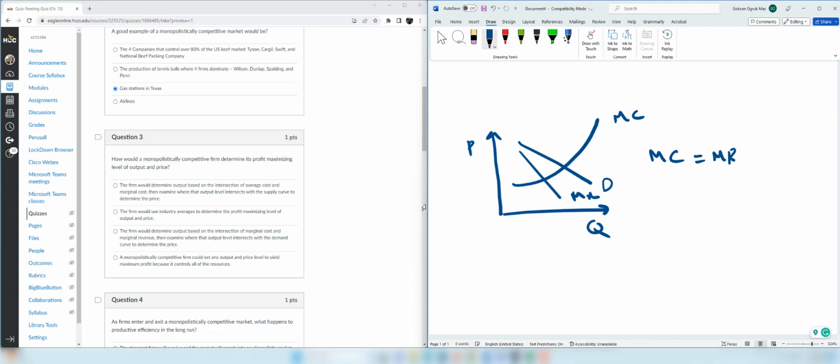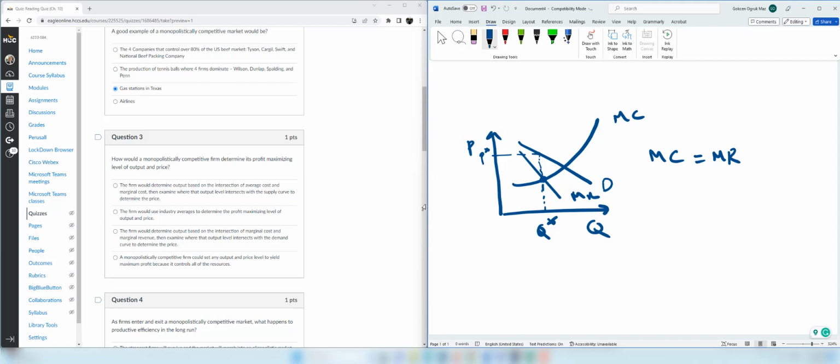MC equals MR is the point. At that point, the firm chooses the quantity. And at that quantity, to find the price, we go up to the demand curve and find the price on the demand curve at that quantity. So this is how we determine profit maximizing quantity and price in a monopolistically competitive firm.